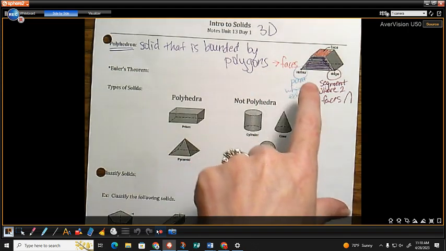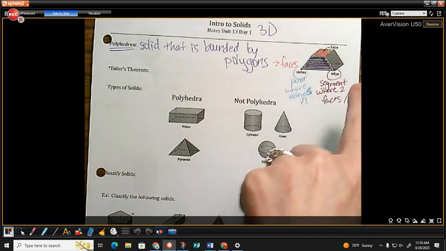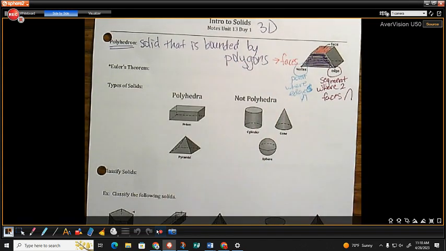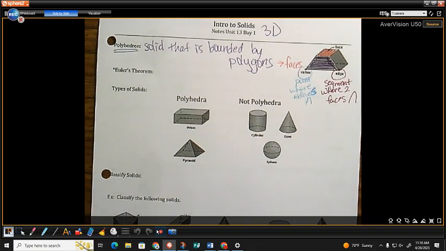So vertices are points, edges are segments, faces are polygons. And you've learned how to use all of those over the course of this entire year, which is why only now can we come together and do three-dimensional stuff, because you have to learn how to do all those other things first.